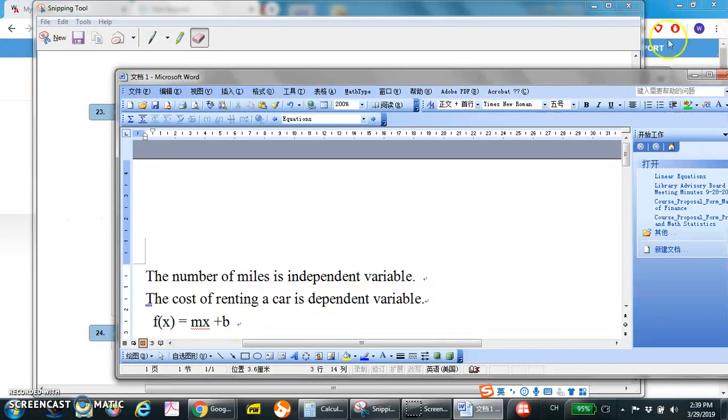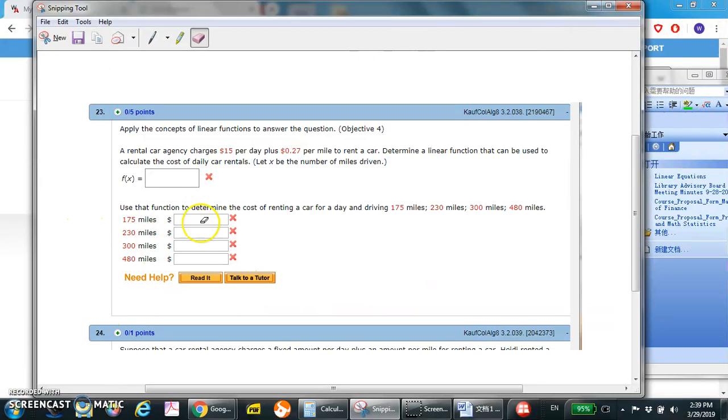Okay? So let's go back to this problem. It says it charges you $15 once you rent the car. So this means even though you don't drive the car, once you rent the car, you have to pay $15. And it charges you 27 cents per mile.